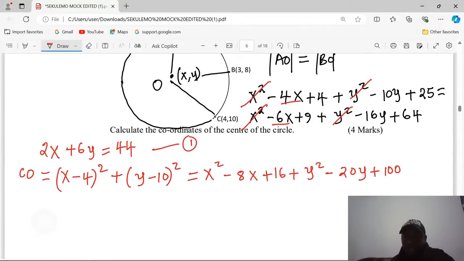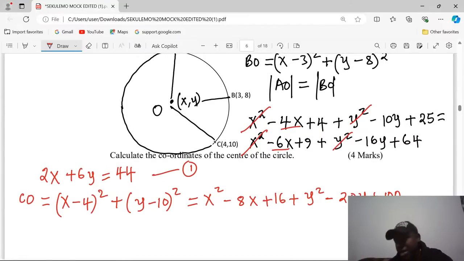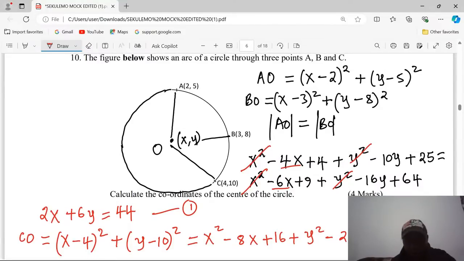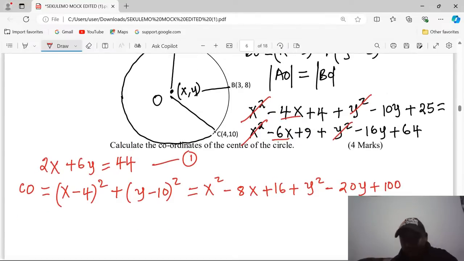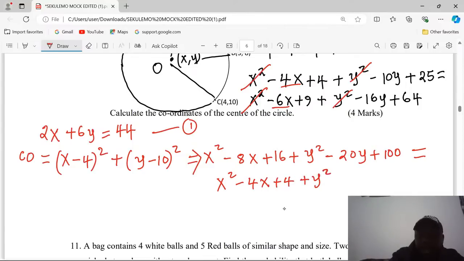With this expansion, I can now equate it. I can equate such an expansion to either A or B, because they are also equal, so that I may get another equation. So this one, if I equate to A, then I will say this one is equal to x squared minus 4x plus 4, then plus y squared minus 10y plus 25.